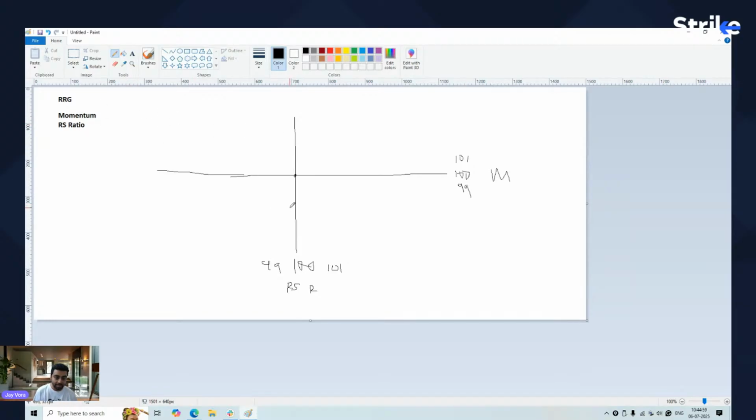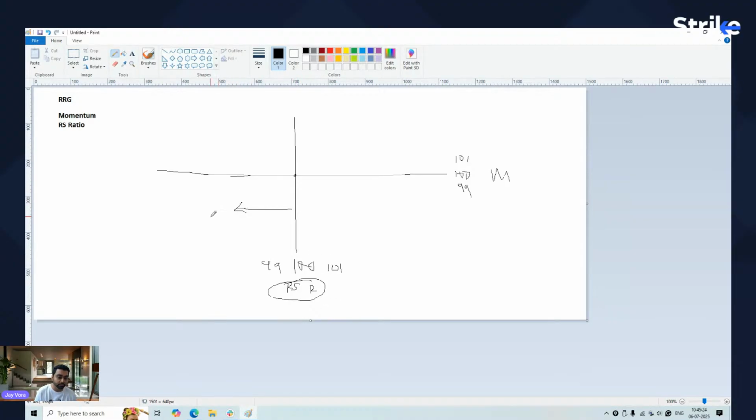Anything on the left hand side of 100 means that, on a relative strength basis, that stock is weak. Which means that if the benchmark is going up, the stocks on the left hand side could be going up, but they're going up less than the benchmark.